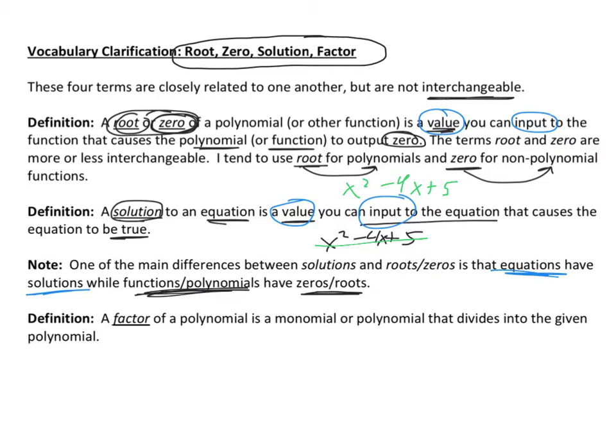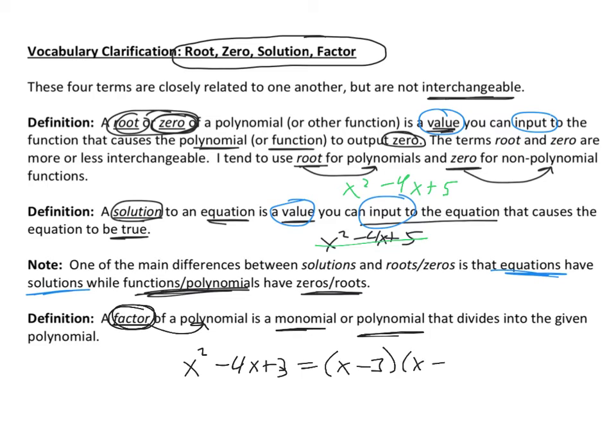The final definition that I want to throw out here is that of a factor. A factor of a polynomial is a monomial or polynomial that divides into the given polynomial. So for instance, if we had x squared minus 4x plus 3, which we know factors into (x minus 3)(x minus 1), x minus 3 is a factor of this polynomial. x minus 1 is a factor of this polynomial.